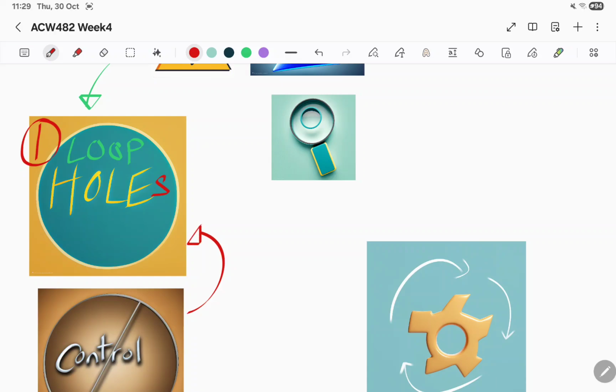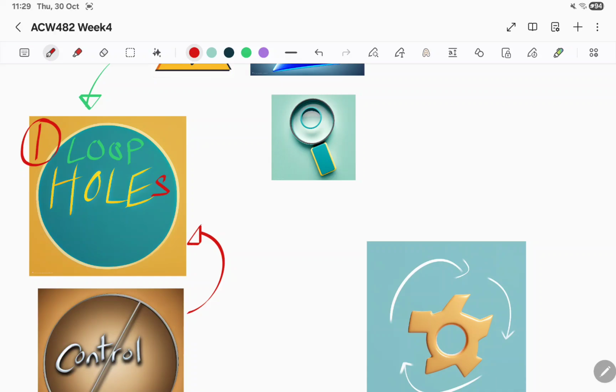Does that make sense? If you have control over there, you got someone standing over there, 3 persons standing over there, and they say you need to enter from this side of the room, then you got the loophole covered.